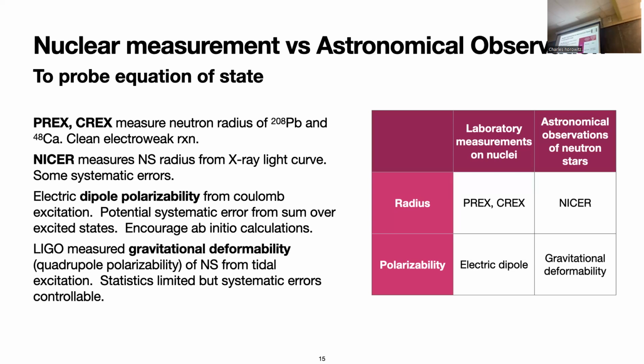So this is the measurement of a neutron star of the polarizability. Okay, so I want to talk about PREX and CREX, the radius of nuclei, talk a little bit about NICER measuring the radius of a neutron star, and then LIGO measuring the deformability of a neutron star. And all of these have the equation of state in common.